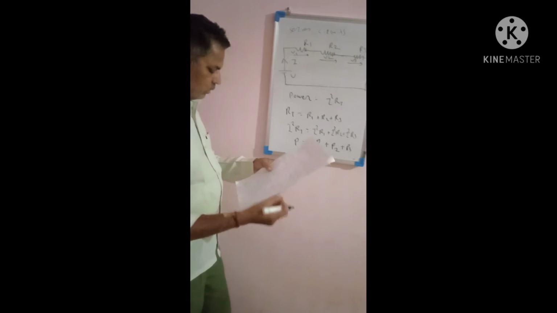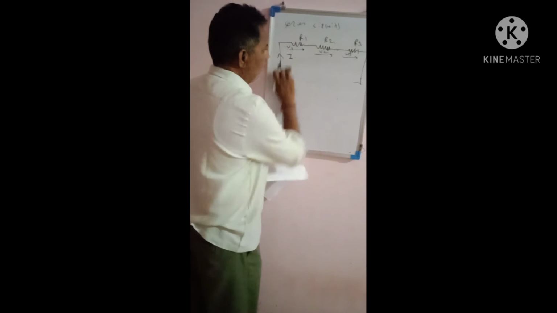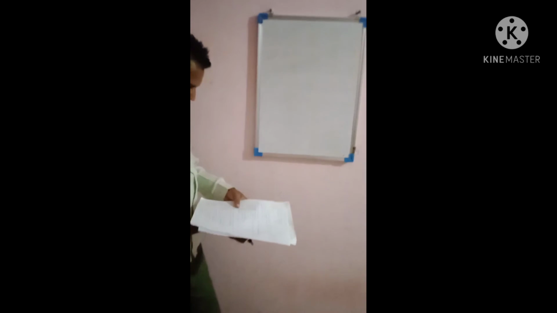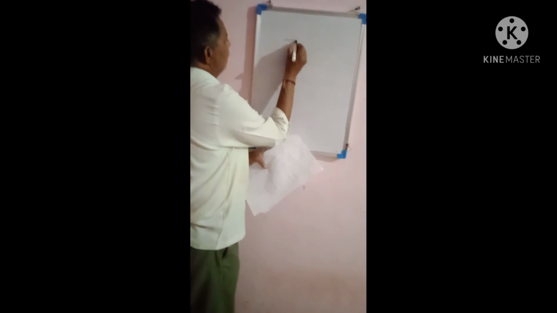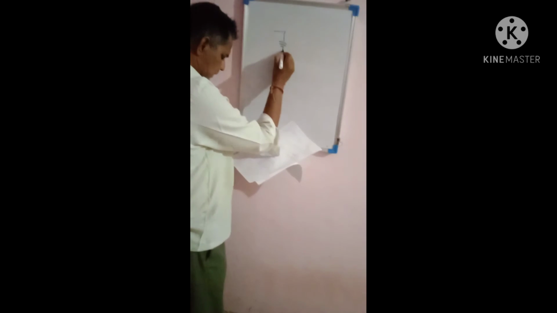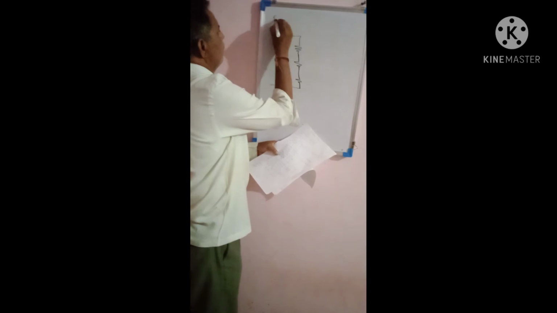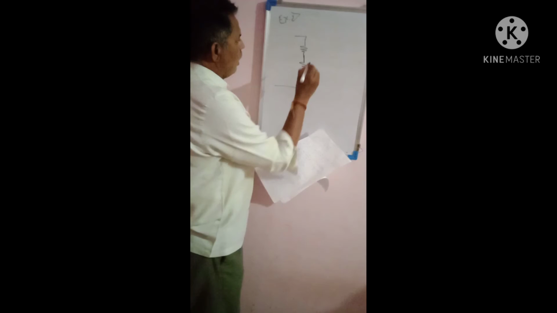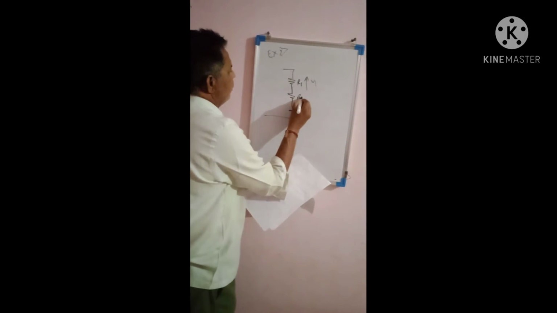Now we are considering a very simple example to understand series circuits better. Calculate the voltage across the given circuit. They gave three resistances connected in series. This is example number 2. Resistance R1, voltage drop across it is V1.